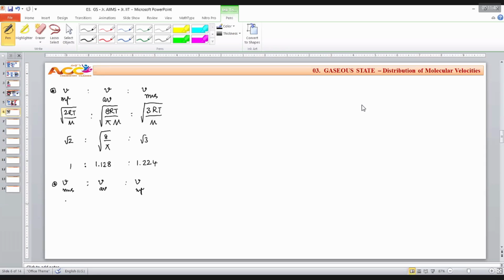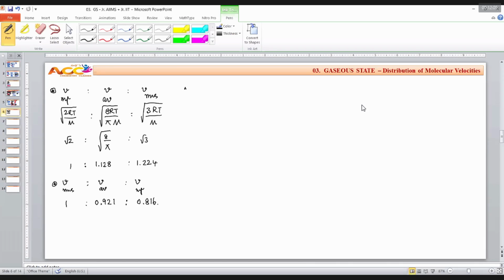Then we can say if it is 1, this is increasing number, this must be decreasing number. What is decreasing number? Remember these relations, 0.9213, 921 is enough for us, and 0.816. Remember these relations.